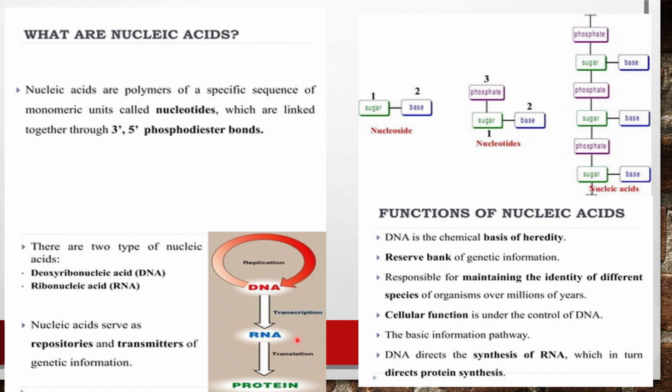Further, RNA goes to the cytoplasm, and through translation they synthesize a specific kind of protein, and the action of protein is then manifested. So this is how they are transmitters of genetic information, and this whole process is known as the central dogma of life.